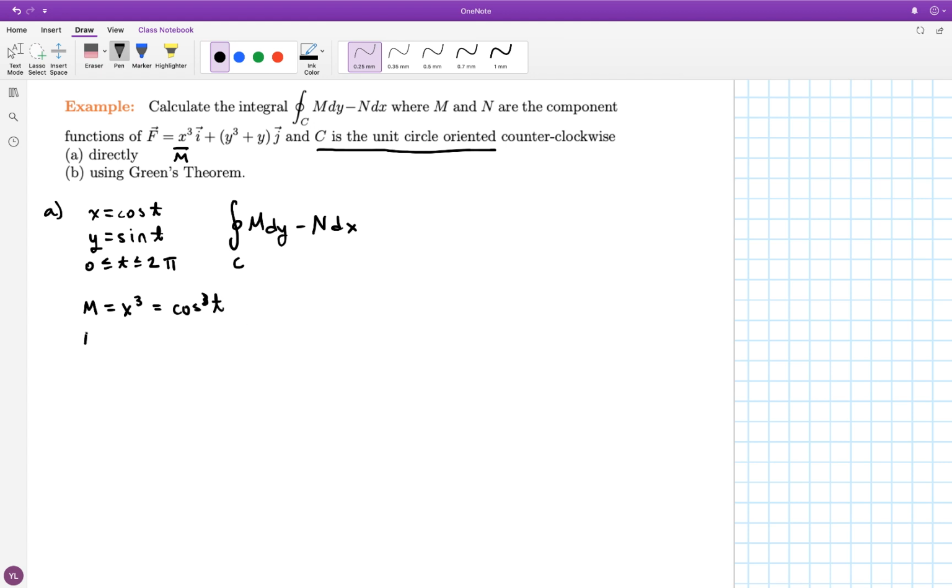Then N is the y component of the vector field, evaluated at the parameterization, and then dx and dy are the differentials computed from the parameterization. So dx is negative sine t dt, and dy is cosine t dt.